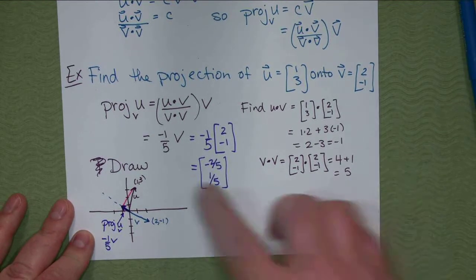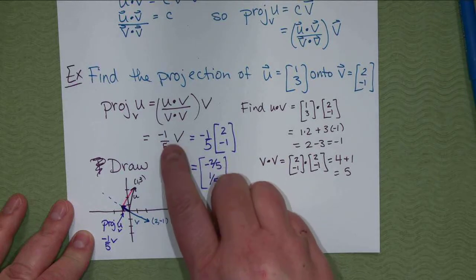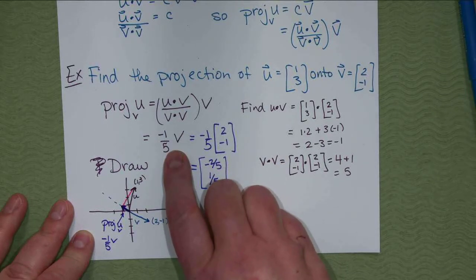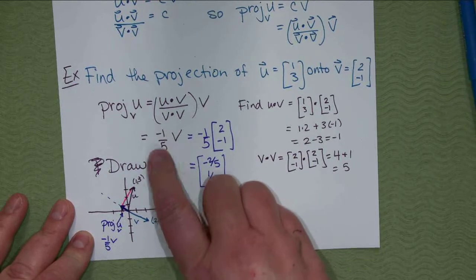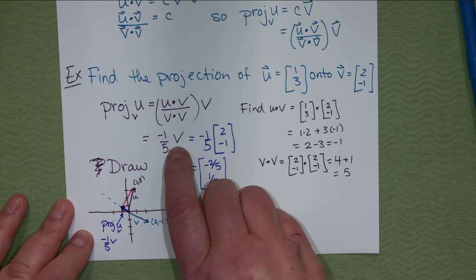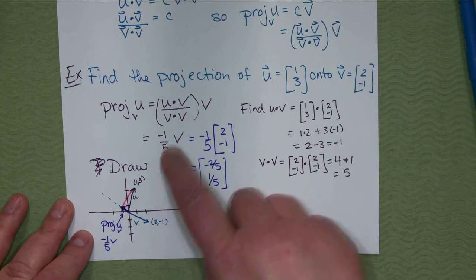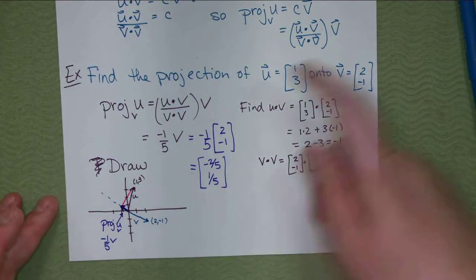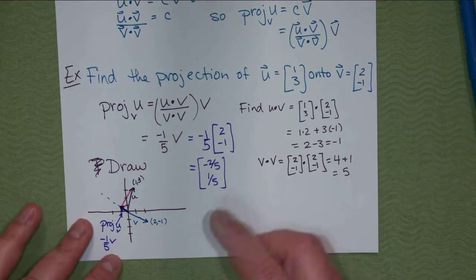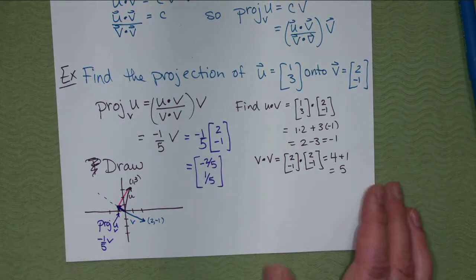Okay, this answer is actually totally fine if you're just asked for the projection. 1/5 of V, you would need to write it all out because V is given here, so I can see what 1/5 of V is. But what we'll need to do is something else with that. Okay.